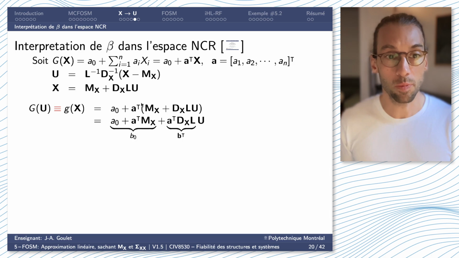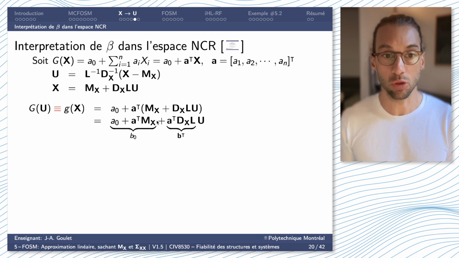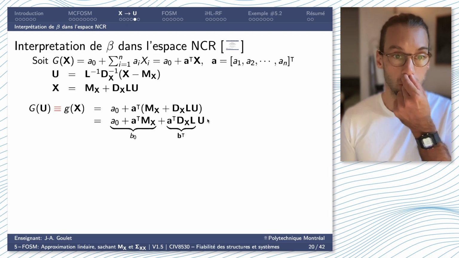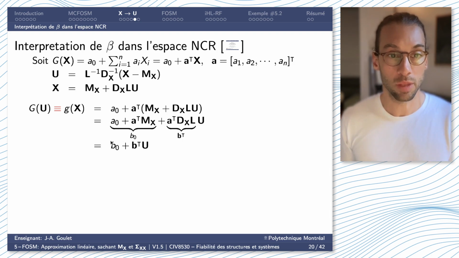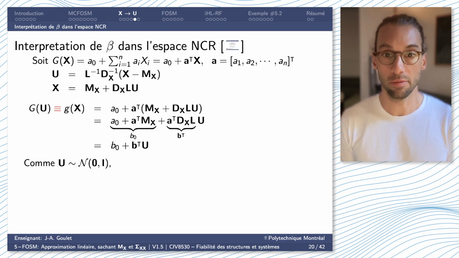This is what I'm going to replace inside the parentheses here. And I can regroup these terms by multiplying A transpose into my parentheses. I'm going to regroup in B0 all the terms that are constant, and in B transpose the coefficients in front of my standard normal random vector U. So I can rewrite in matrix form g of U equals B0, which is all these coefficients here, plus B transpose, these three terms here, times U, my standard normal random vector.